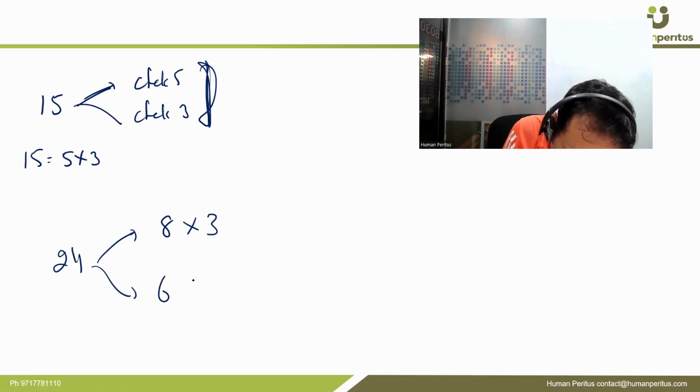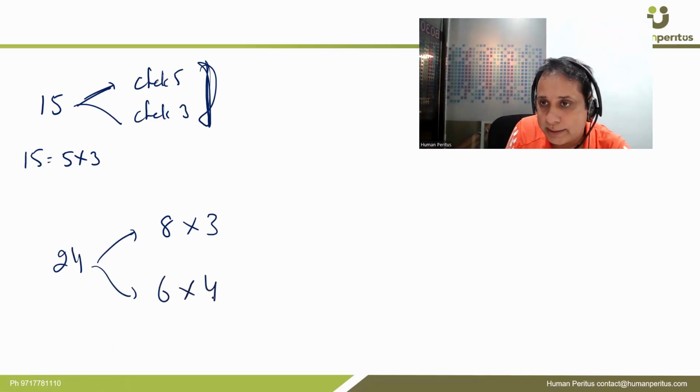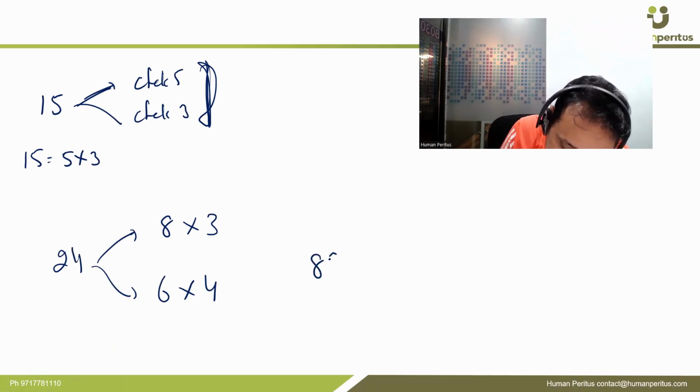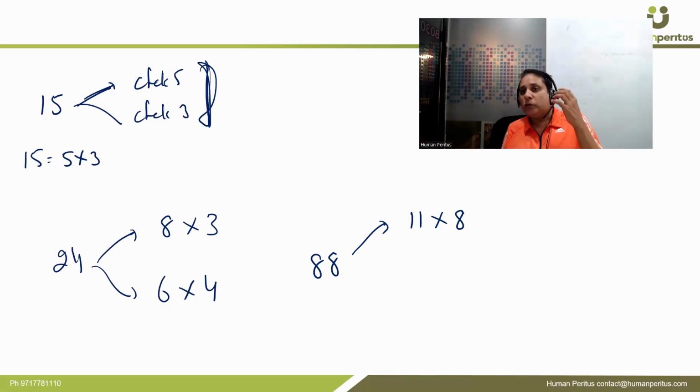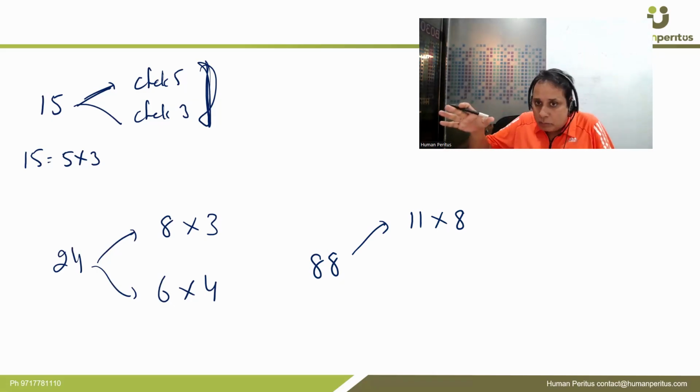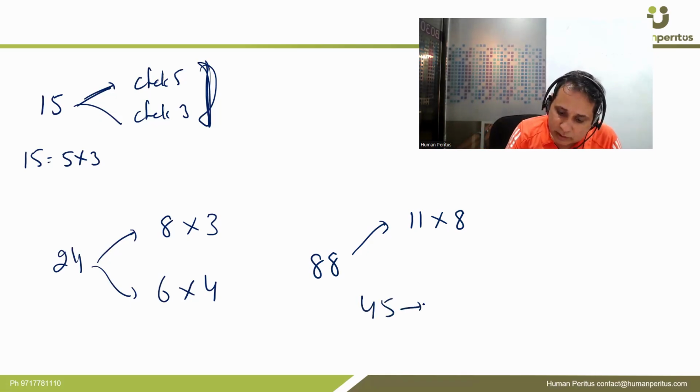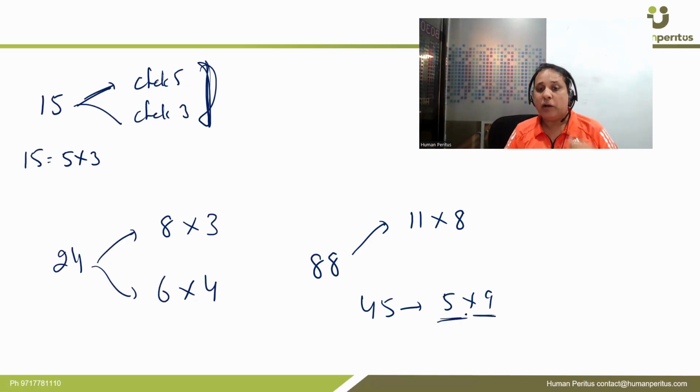I can also check for 6 and 4, my choice. What if a number is maybe 88? I can check for 11 and 8. Correct? Yes. This is how we do it if they are larger numbers. What about 45? I check for 5, I check for 9, and both should be there. Then only it will be divisible by 45. This is how we do it for other numbers.